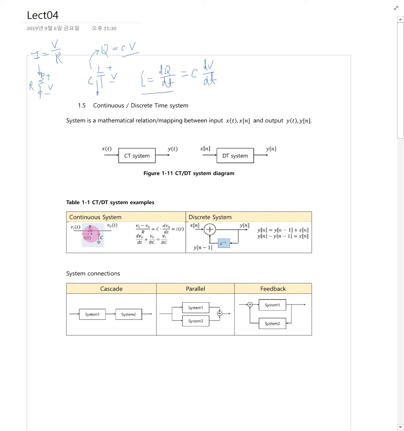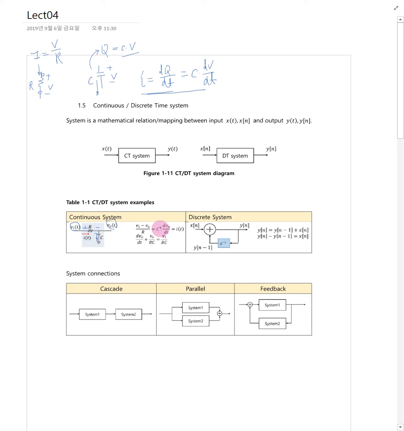In this circuit, the current flowing through the resistor and capacitor can be calculated by these terminal characteristics. In the first equation, the voltage across the resistor is Vi minus Vo, which gives the voltage difference across the resistor. Dividing by R gives the amount of current by Ohm's law. The second one is this equation. The capacitor current can be found by taking the derivative of C times V with respect to time.